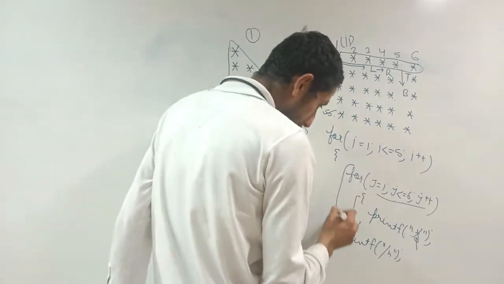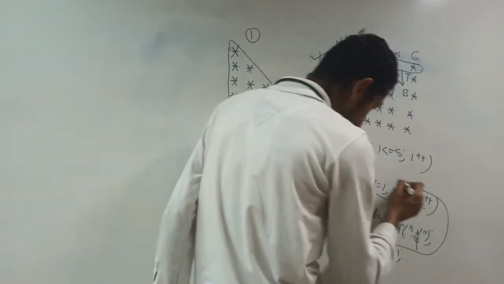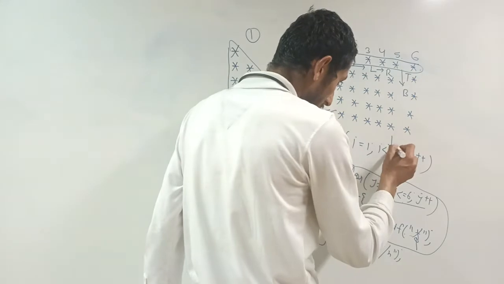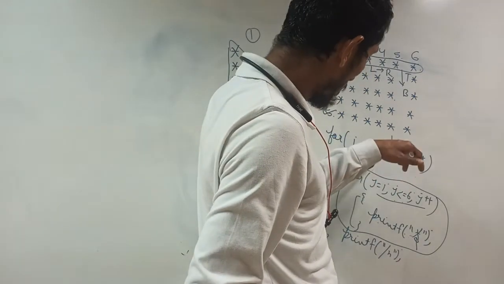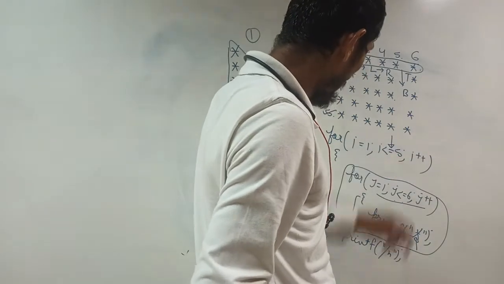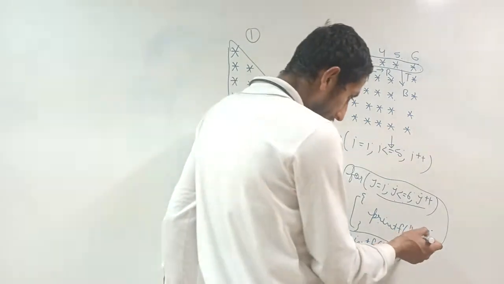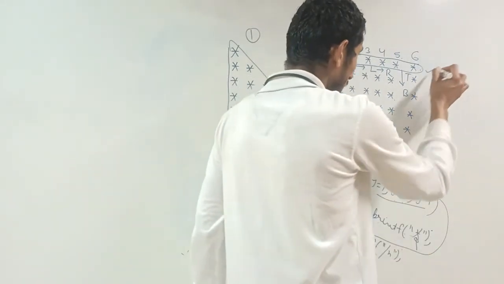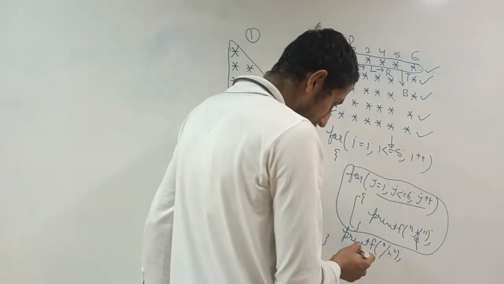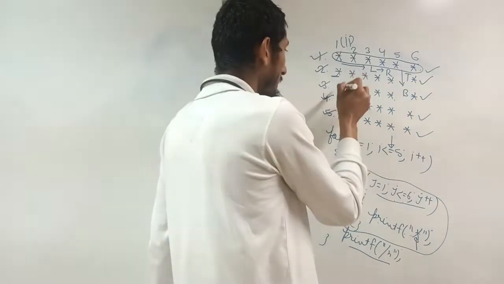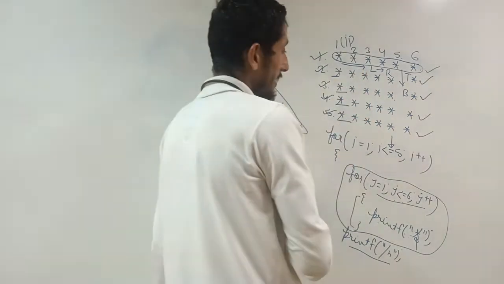And this block will be repeated how many times? 5 times. It will repeat for i equal to 1, 2, 3, 4 and 5. It means I will get 6 stars in a single line, 5 times. And because I have put slash n, every time my cursor will move to the next line.